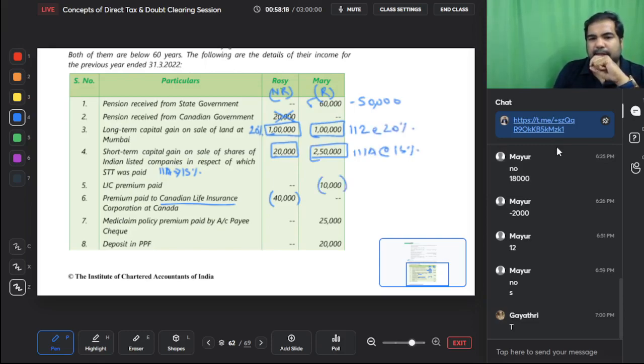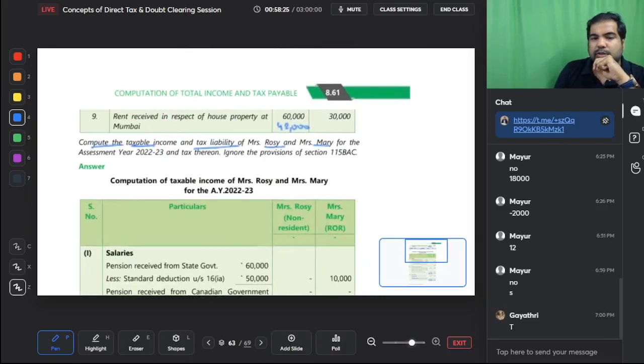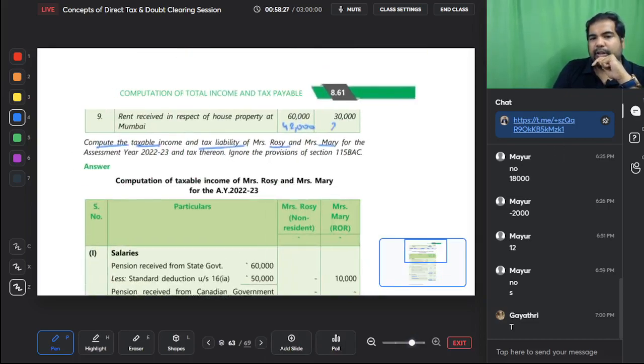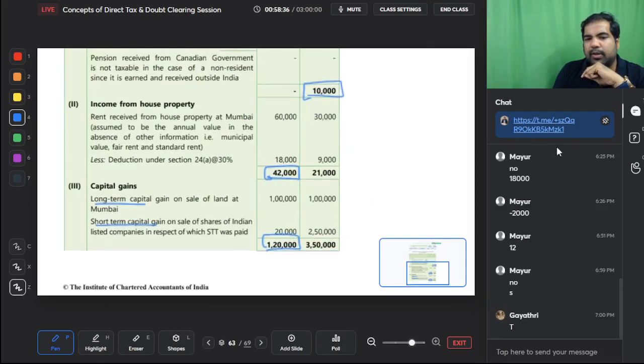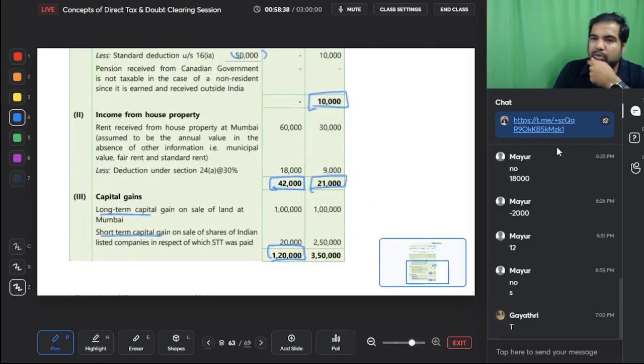LIC premium, this is 80C. Mediclaim 80D. Deposit and PPF 80C. So lots of deductions. And 30,000 into 70, that is 21,000 house property. First salary only 10,000. Why? Because 60 minus standard deduction, so 10,000 we also got. 21,000 also something that we got. Long term, short term 3,50,000.